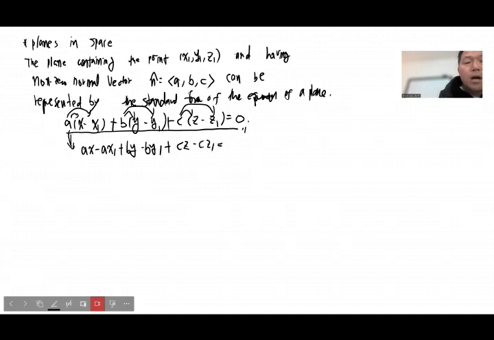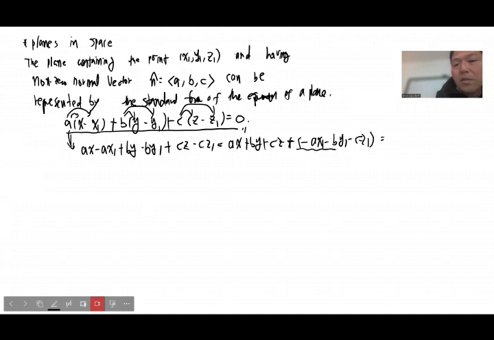Then you add all x, y, z terms first, Ax, By, Cz, and then all constant terms in the same bracket. So that should be minus Ax1 minus By1 minus Cz1.